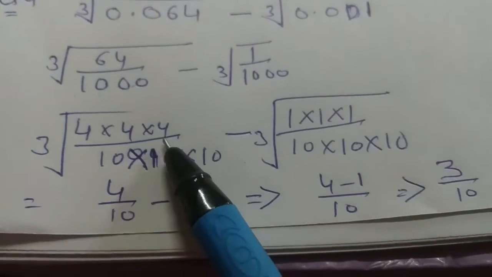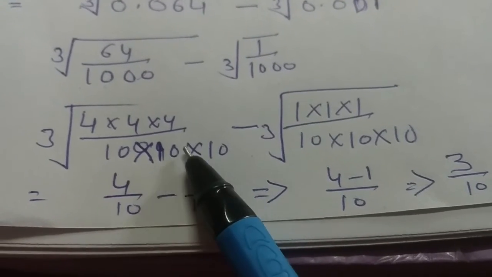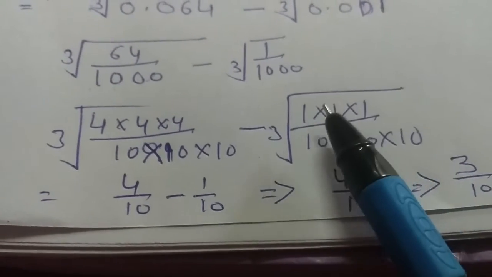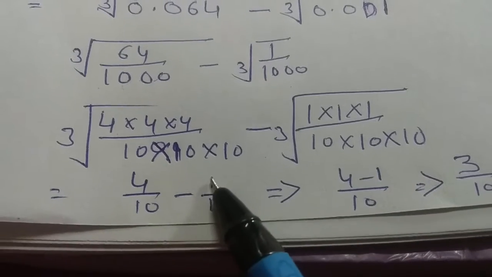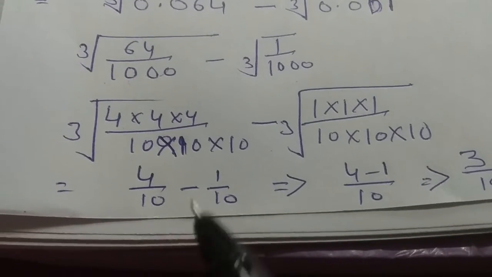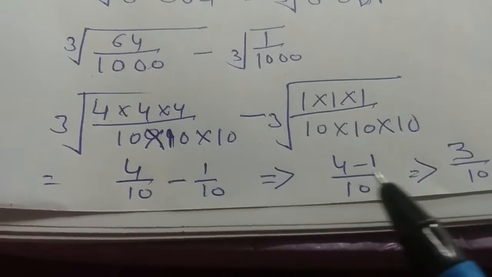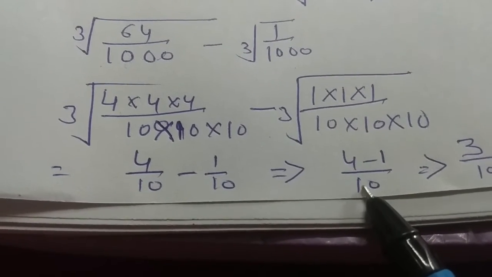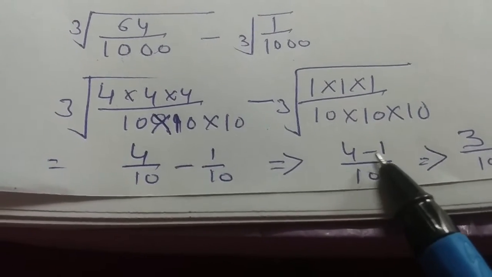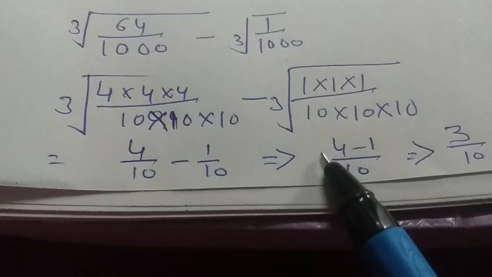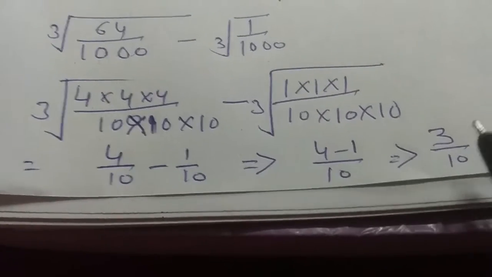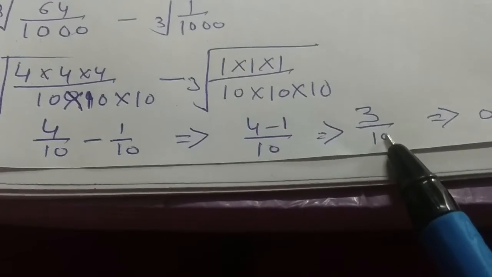Then take 1 four from here and 1 ten from here. 4 over 10 minus 1 over 10. By taking LCM, you will write here 10, then 4 minus 1, and you know very well how we take LCM. Subtract these numbers, it will be 3 over 10.